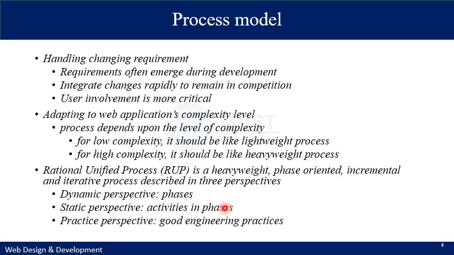For example, the use case diagram can also be used in the design process, and the class diagram, etc. And it also deals with the practice perspective. That means only good engineering practices must be followed, which we will see in the next few slides.